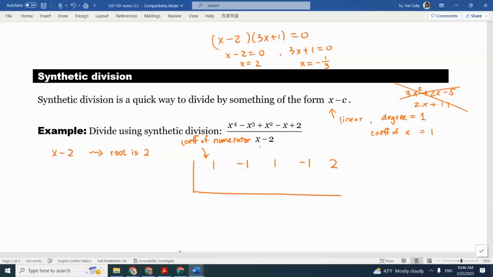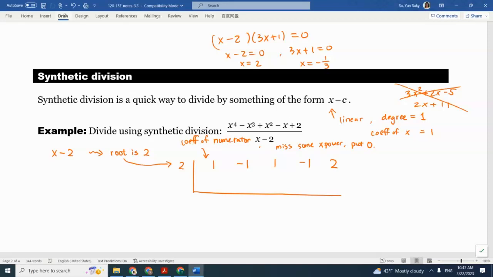So be careful if we miss some x power, put 0. For example, if you don't have x squared, then you just put the 0 on the spot of x squared. Is that clear, everybody? You put the coefficient there. And then you put the root right here.